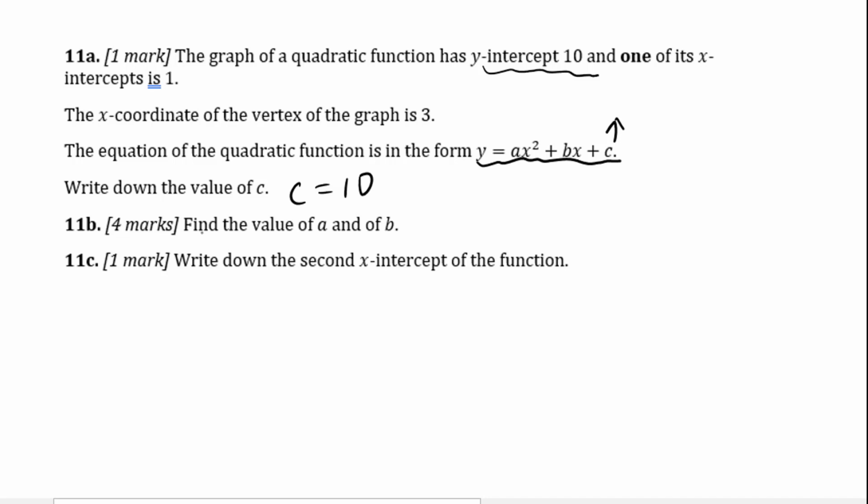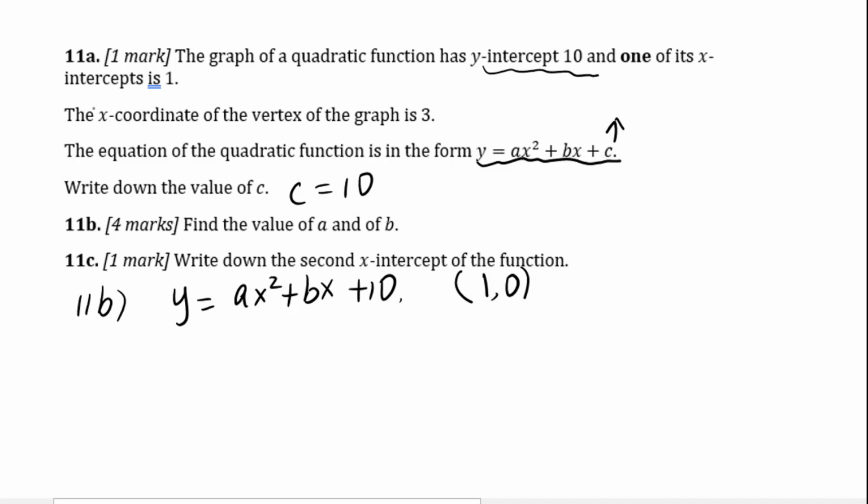11b, find the value of a and of b. From the given information, we already know y equals ax squared plus bx plus c. And on the graph, we know x-intercept is 1. We have a coordinate 1, 0.